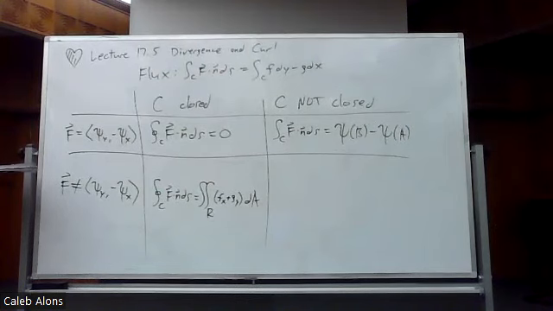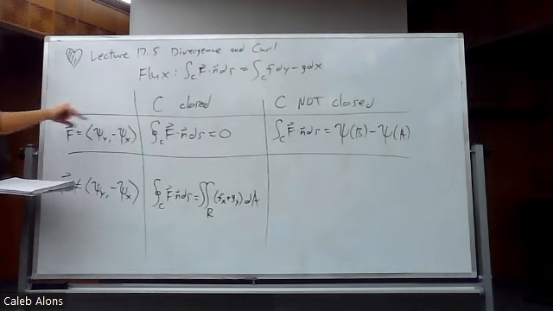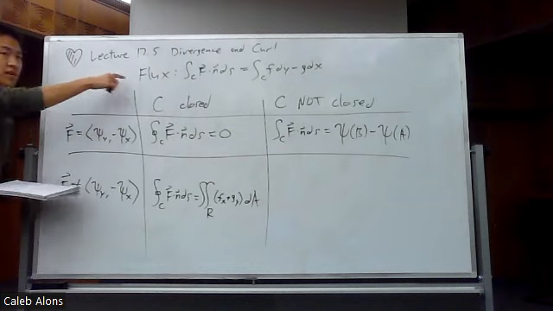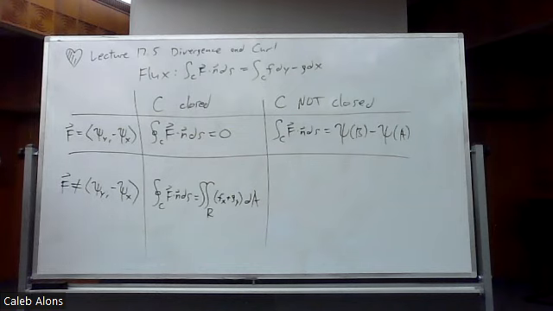Does that make sense? So do you see how it's different, but at the end of the day, they're fulfilling the same relative roles as they are to the same definitions, just now altered for flux instead of circulation.